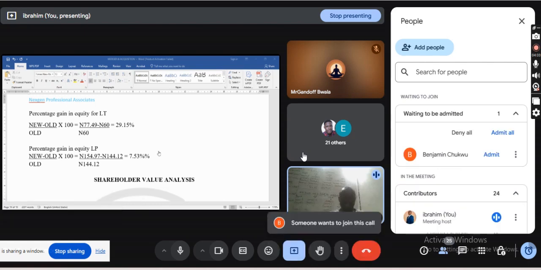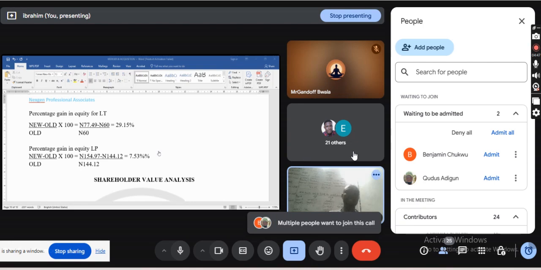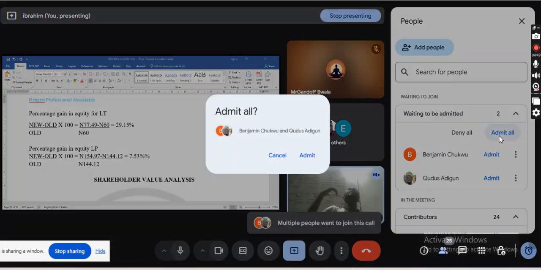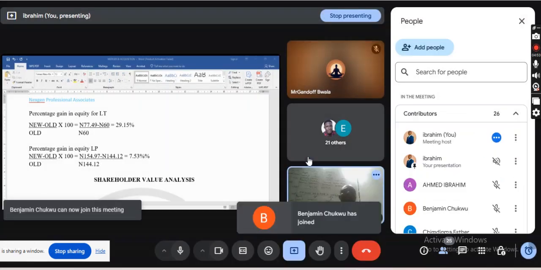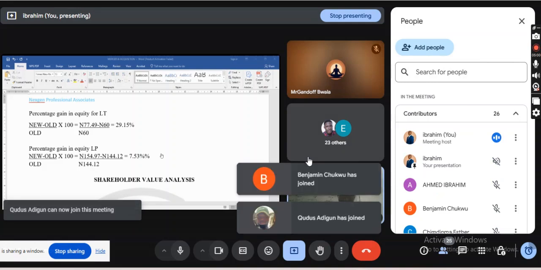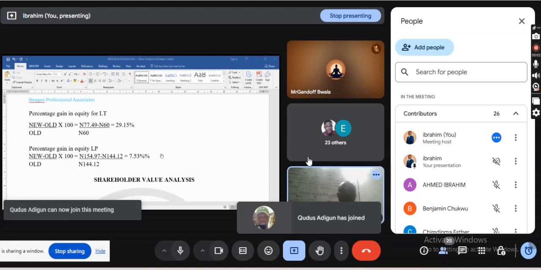That is, in the process of maximizing shareholders' wealth, in the process of increasing their wealth, there are factors that affect the process. And these factors are called the seven drivers. And what are the seven drivers? The first is sales growth.